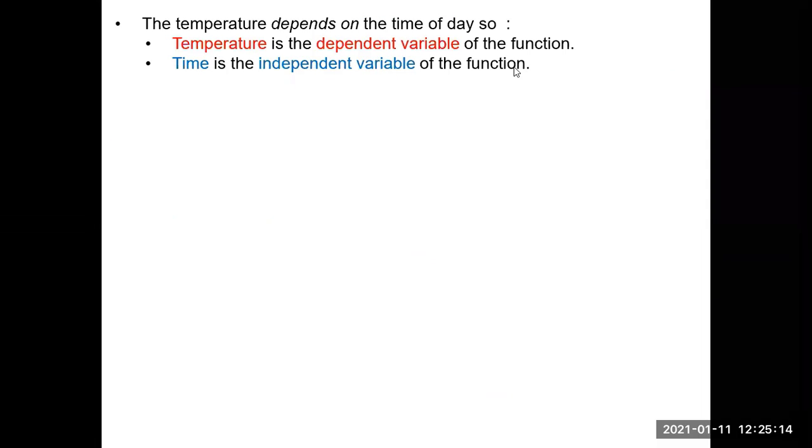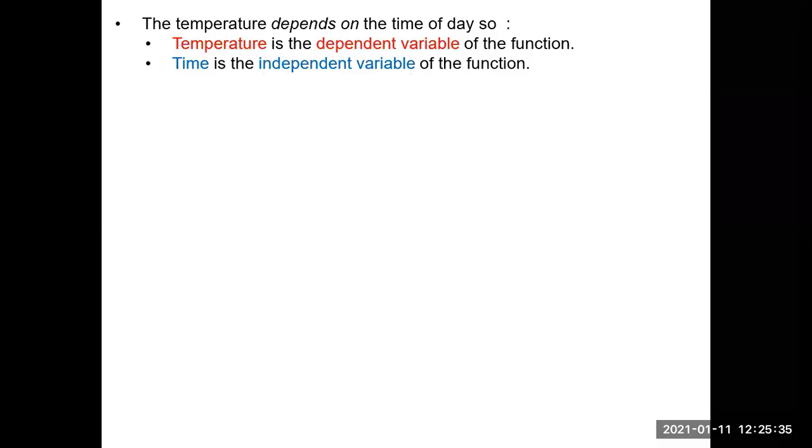Now in this example, the temperature depends on the time of day. So we refer to the temperature as the dependent variable, while we refer to time as the independent variable, because we can just choose any random time, but whatever time we pick, the temperature depends on the time that we chose.